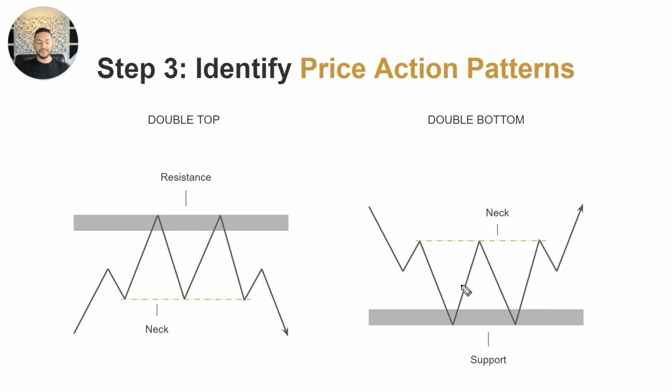And again, anytime you see this pattern, there's a high likelihood that we are going to change directions to the upside. Now, the neck for this one will be right across the base on the top. You want to pay attention when price breaks the neck, because that's when the move really happens. You want to see these patterns at the bottom of a trend, near a support. That's where they really matter.